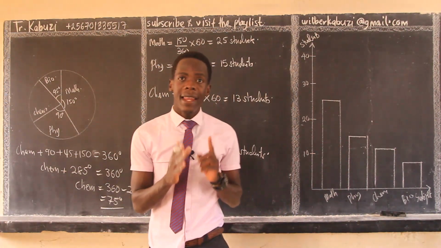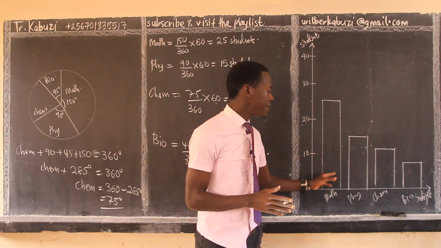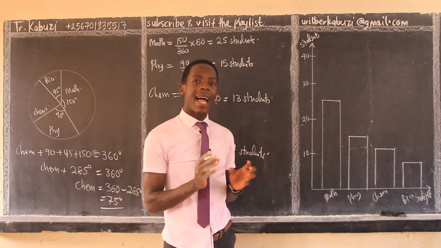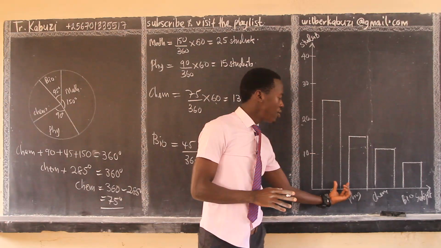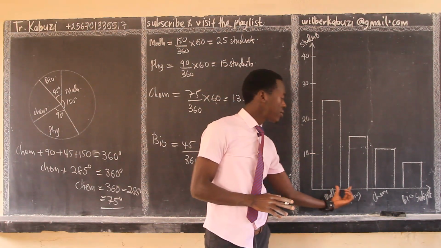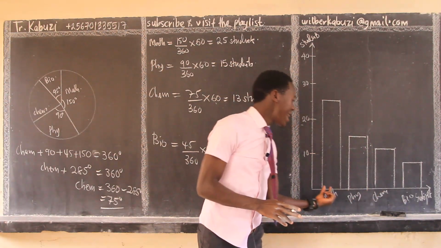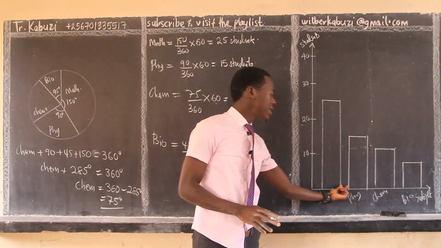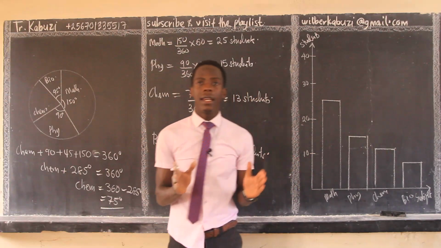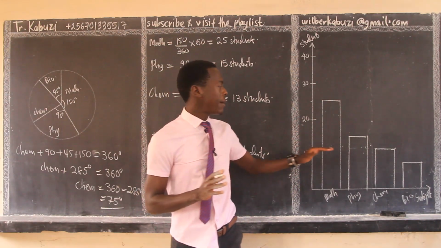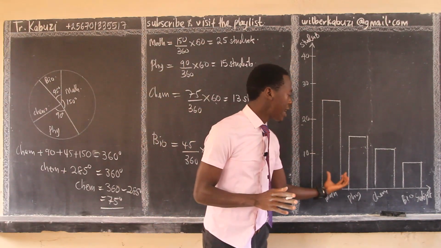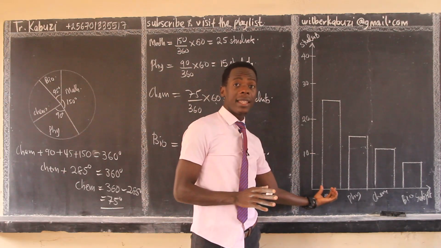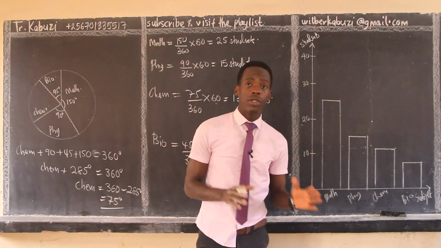But in the bar chart, there is space between the bars, and the bars are uniform. So here is 2 centimeters, 2, 2, 2, 2. And then the space between should also be uniform, so I left a space of 1 centimeter between the bars. You should know that the bars should be of uniform size in terms of their width, and the space between them should be the same.